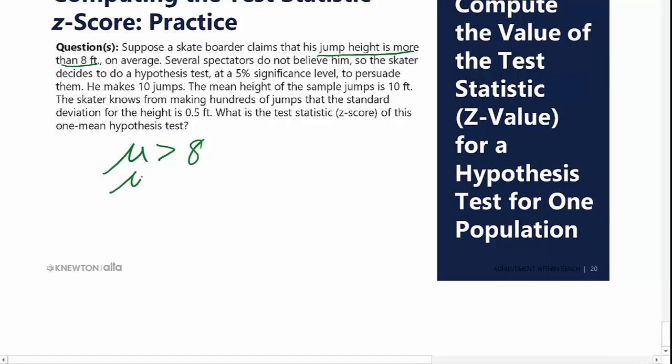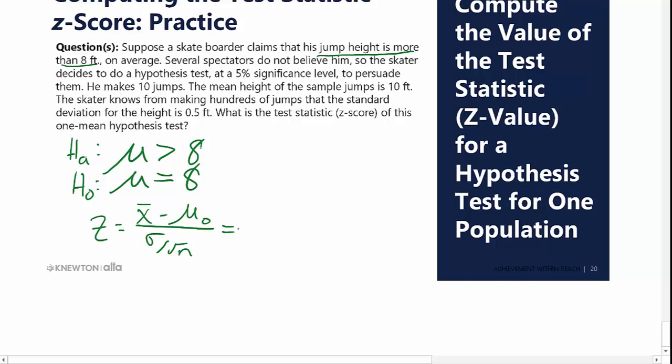Otherwise, his mean height will be less than or equal to 8, but as we discussed earlier, I'm just going to put an equals sign here. So the equals is our null hypothesis. The mean being greater than 8 is our alternative hypothesis. Now that we have our hypotheses, we can create our test statistic, which is z equals x bar minus mu naught over sigma divided by the square root of n.